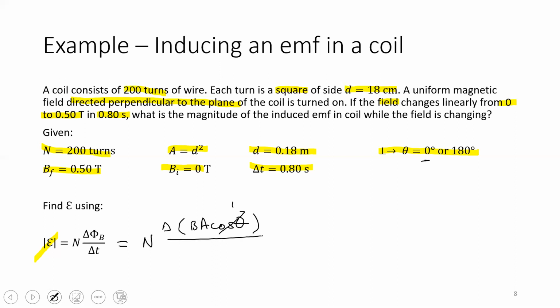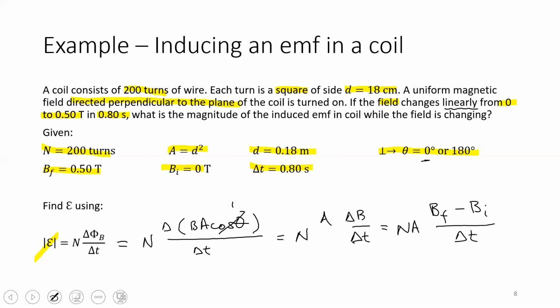We're just going to say that that cosine of theta goes to a 1, and this is delta T. Now, in this particular case, our area is not changing, so we can pull that out front, but our magnetic field is changing over time. So this is where it makes sense to think about changing linearly. We can use delta B over delta T as just a very simple, what's our final minus our initial magnetic field, and how long did that take?